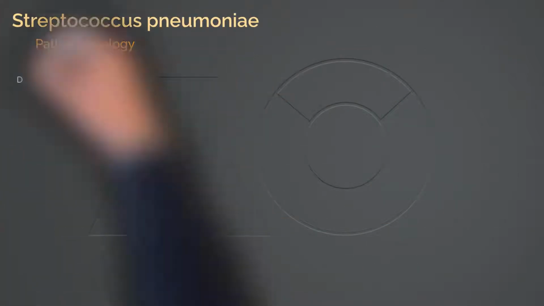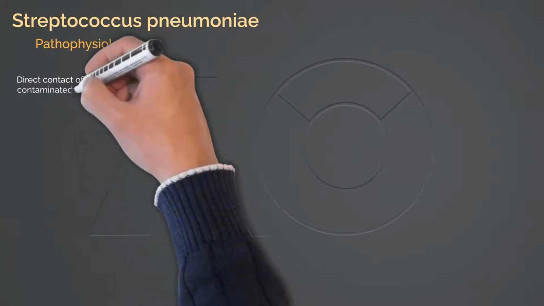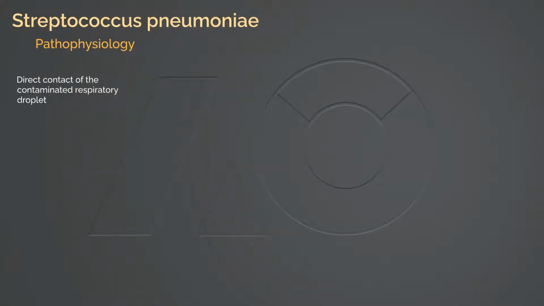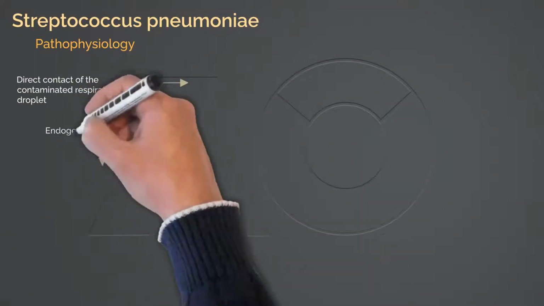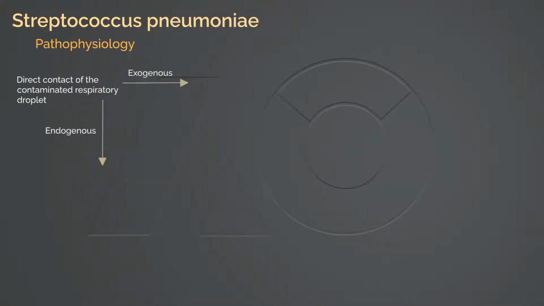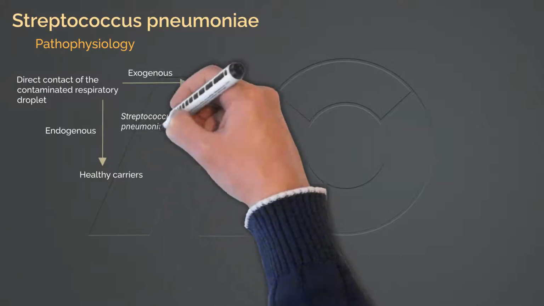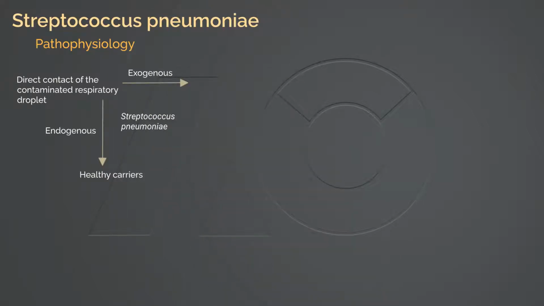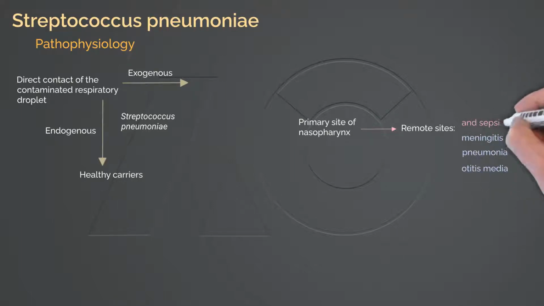While the pathogen is introduced to the upper respiratory tract by direct contact with contaminated respiratory droplets, pneumococcal infection can be endogenous or exogenous. The former takes place when a healthy individual with a previously established Streptococcus pneumoniae colony develops infection as the bacteria spread from the primary site of the nasopharynx to remote sites and cause meningitis, pneumonia, otitis media, and sepsis.